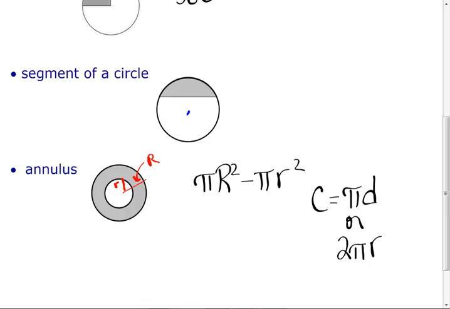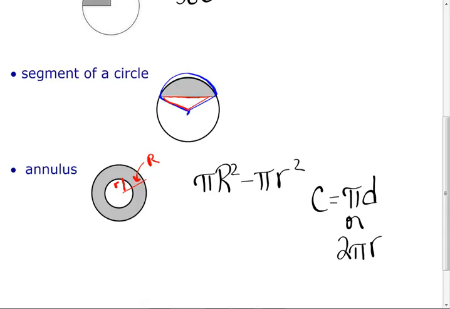How are you going to find this segment, TJ? You're going to minus the triangle. I'm going to draw this in, and I have a sector now, and then I'm going to take away the triangle.